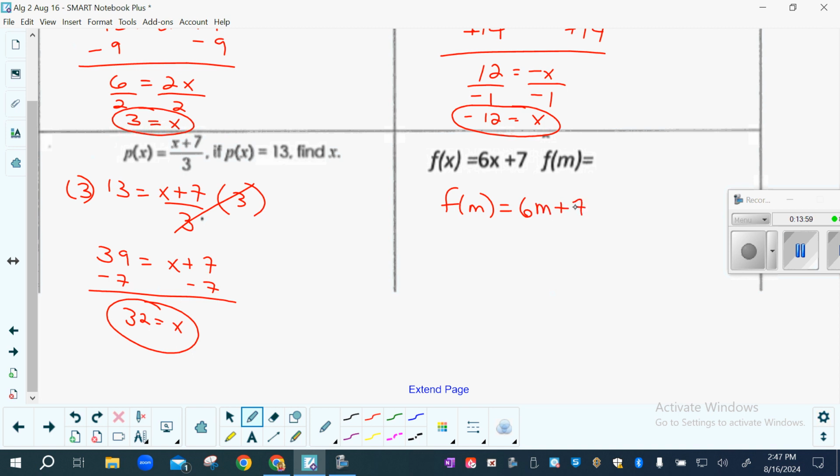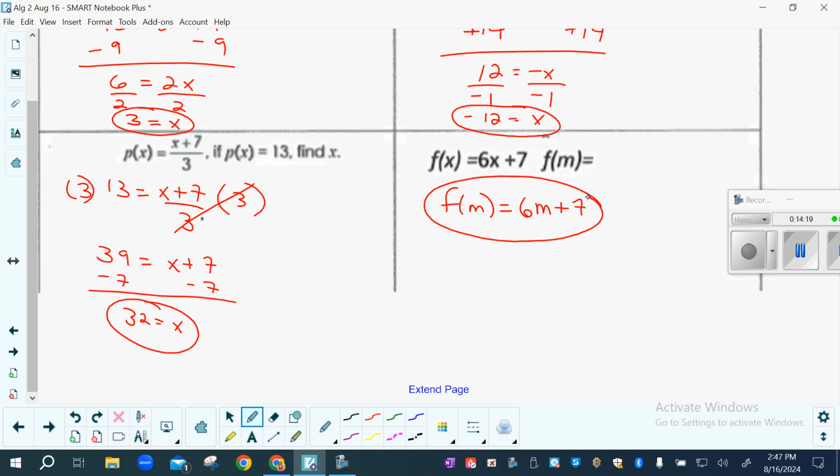Can we simplify the 6m plus 7? No, we're going to keep it like that because we don't know what m is equal to. These two are not like terms, so that's going to be our answer.